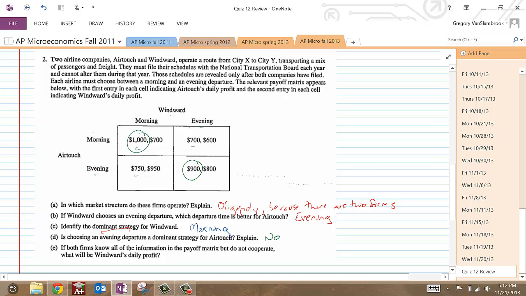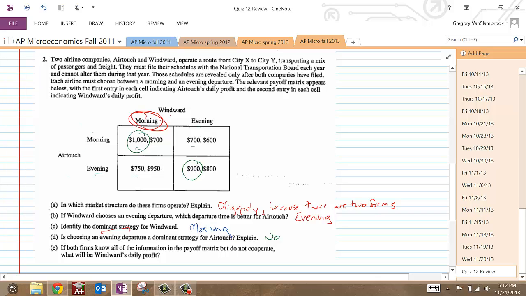And lastly, if both firms know all of the information in the payoff matrix but do not cooperate, what will be Windward's daily profit? Since we know that Windward has a dominant strategy of morning, that's the main thing we know here: Windward's going to go morning. And Windward knows that, and AirTouch should know that, since they both know all the information in the payoff matrix.